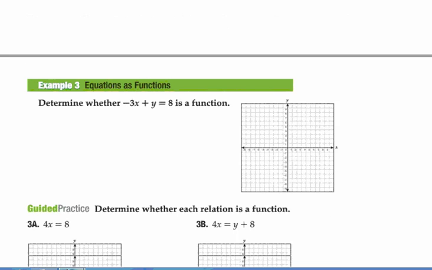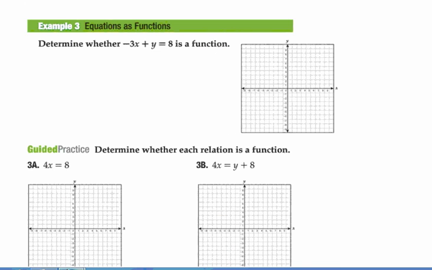Alrighty, let's go ahead and look at that vertical line test. We're supposed to look at these equations and determine whether they're a function or not. We haven't really gotten into graphing these, but this is a nice little precursor for what we're going to do next section. I'm going to plug in some x values and figure out what y values coincide with them. I like to use numbers like 0, 1, and 2.